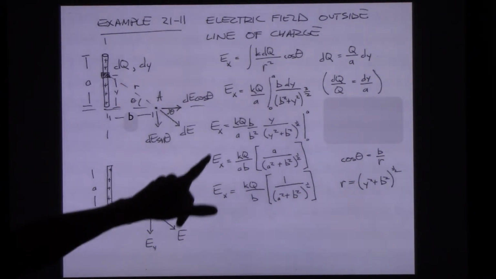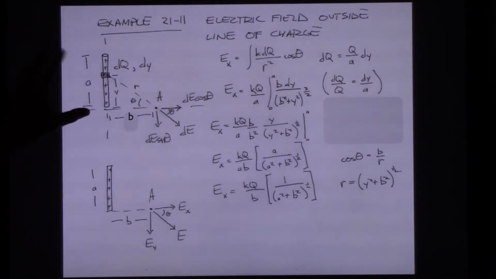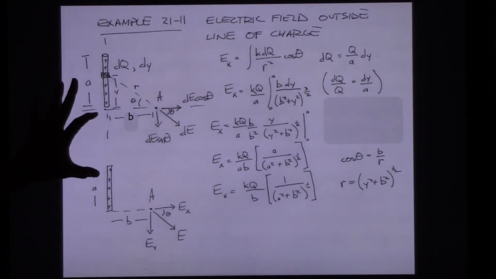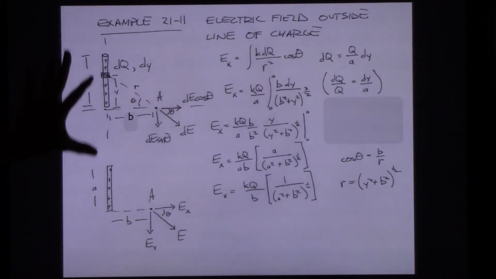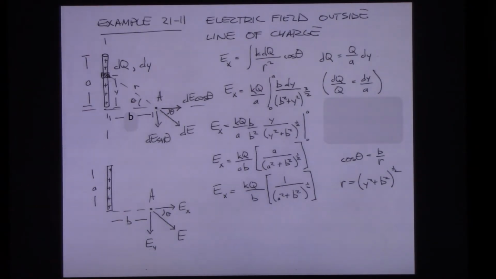I would have this much electric field due to this much charge, and then an additional portion due to the charge that's down here. So actually the formula would look the same. I would have twice as much charge, and it would give me twice as much electric field. Okay, so we can now piece together different lengths in order to get any length of charge that we want.